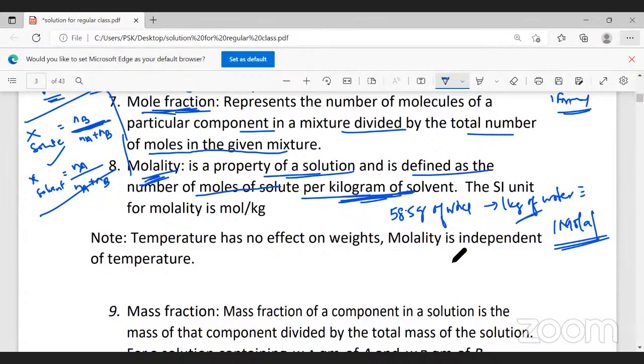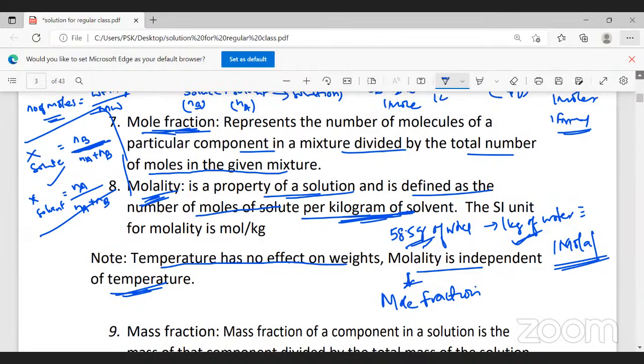See, molality also considers what? Grams, weight. Since they are considering the weight, temperature has no effect on these weights. Hence, molality is independent of temperature. Not only molality, even mole fraction is also independent of temperature. Molarity changes; it is inversely proportional to temperature.